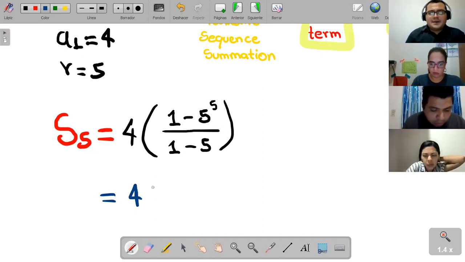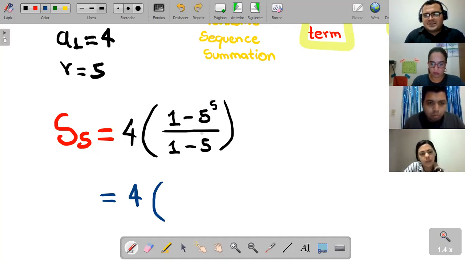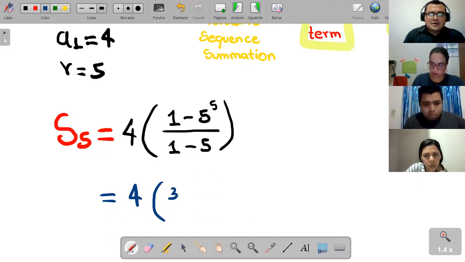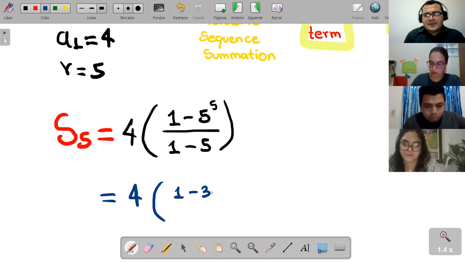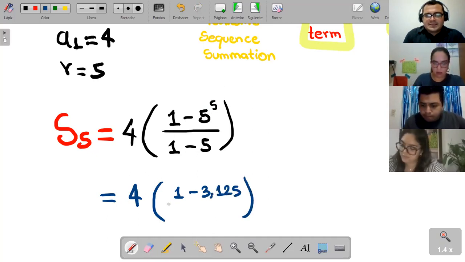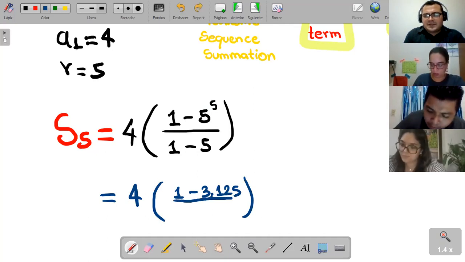There are some tricks you can do to get these powers. That's going to be over 1 minus 5. But I think we can solve 1 minus 5 later.